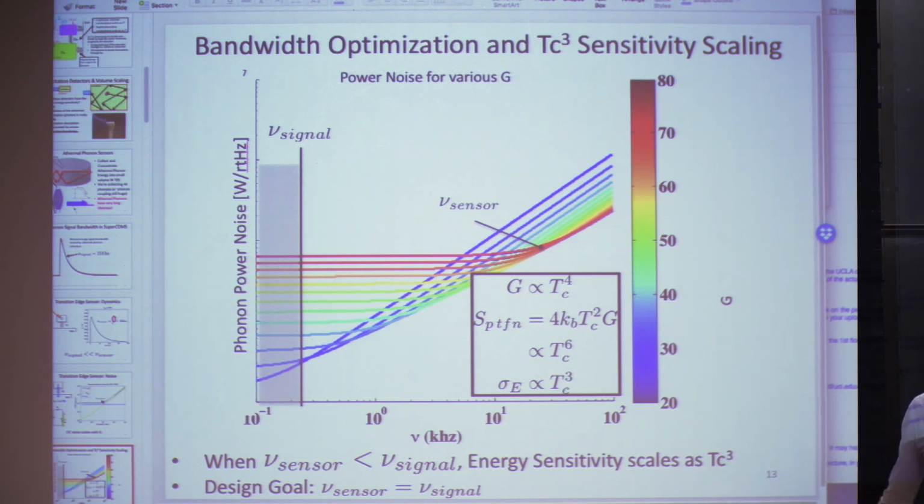This says if I have my device at 100 millik and 10 millik, my 10 millik device should be 1,000 times more sensitive. And so this is the rule for athermal phonon devices that they scale as T cubed in this limit. And so basically the moral is you always want to match your sensor and signal bandwidth.